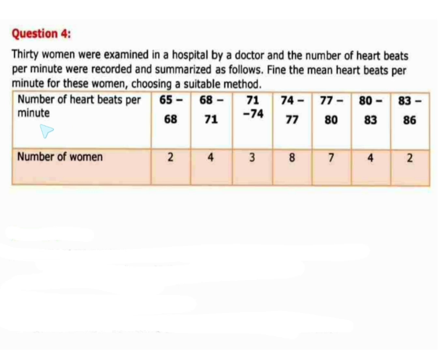The number of heartbeats per minute is 65 to 68, 68 to 71, 71 to 74, 74 to 77, 77 to 80, 80 to 83, 83 to 86. The class height is 3 everywhere. The number of women in these classes are 2, 4, 3, 8, 7, 4, 2. Now for the suitable method, we should draw a table using this data.